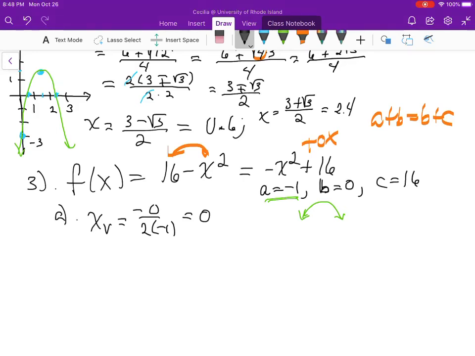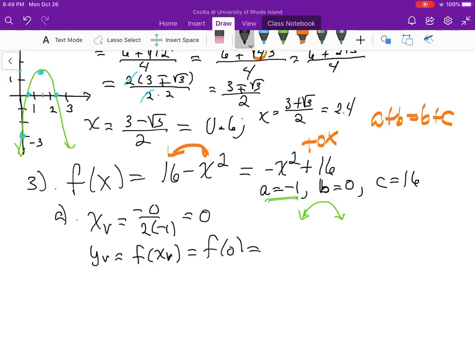All right, so if the x-coordinate is 0, we're pretty much going to be getting the y-intercept and the vertex for the same amount of work. So what's the y-coordinate? It's where the function is evaluated at the x-coordinate of the vertex, which for us is 0.